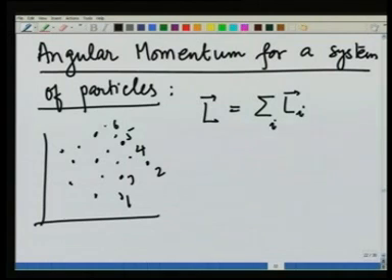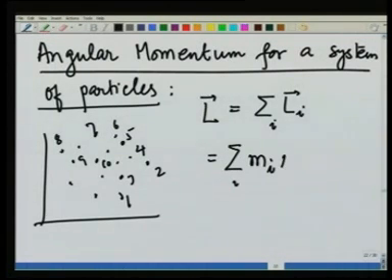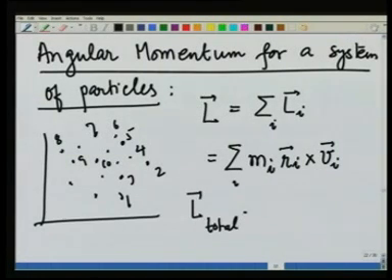So, this is nothing but summation m_i, that is mass of the ith particle, r_i cross v_i. That is it. L total is nothing but summation over m_i r_i cross v_i.